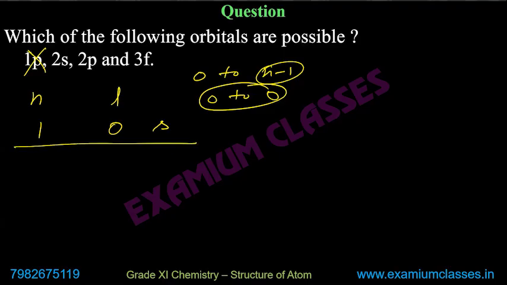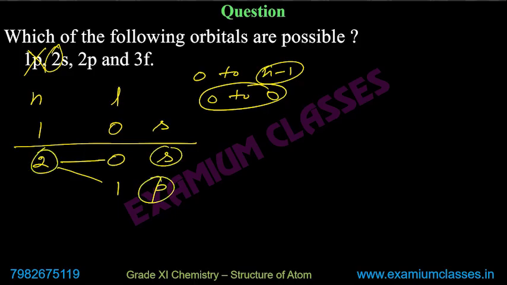Now for n equals 2, l can be 0 and 1. There will be two values, 0 and 1. 0 is s, 1 is p. Means 2s is possible and 2p is possible. In the second shell, there will be s orbital and p orbital as well, but there won't be d.